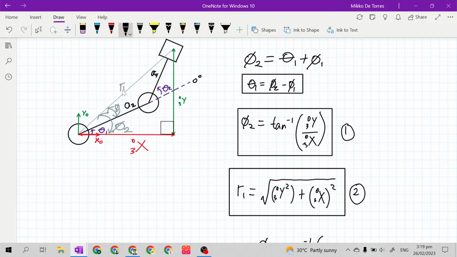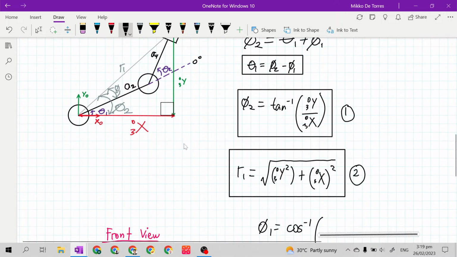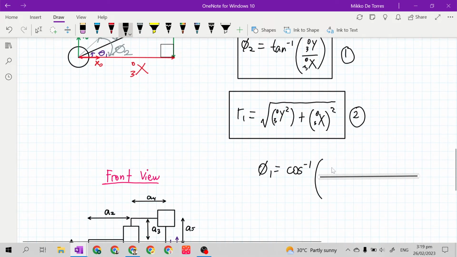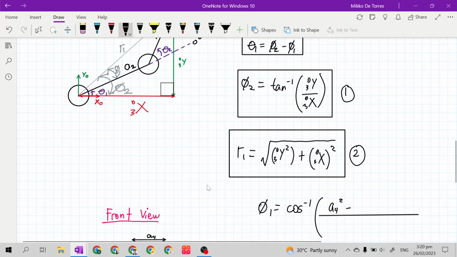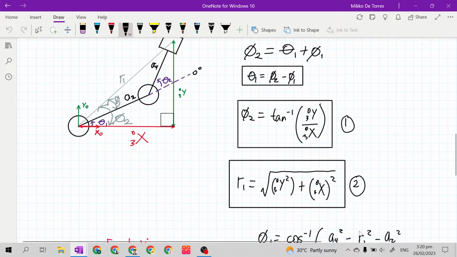Because the opposite of V1 is A sub 4, we will write here A sub 4 squared, then minus R sub 1 squared, and minus A2 squared. So this is R1 squared minus A2 squared. Then the denominator will be negative 2 times R1 and A2.